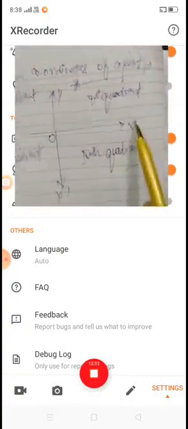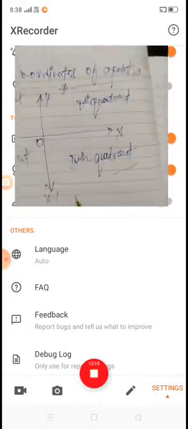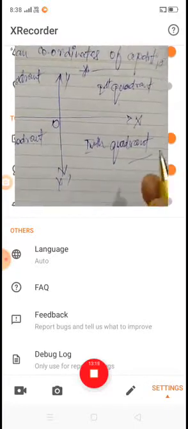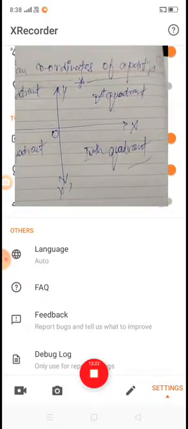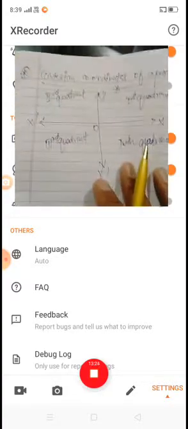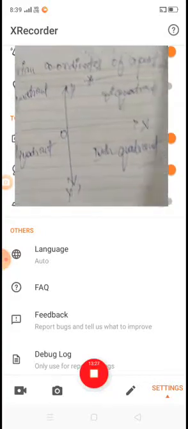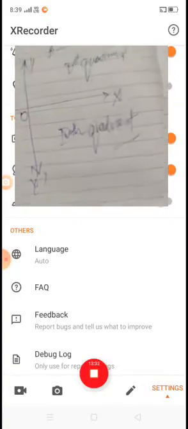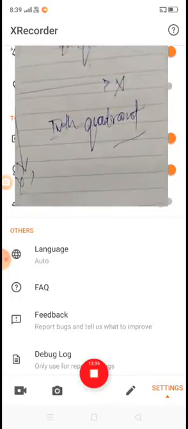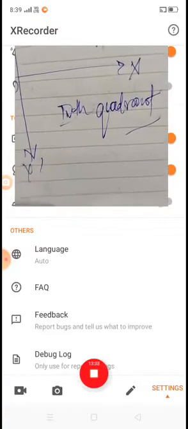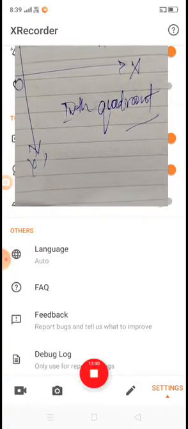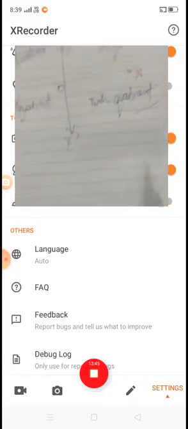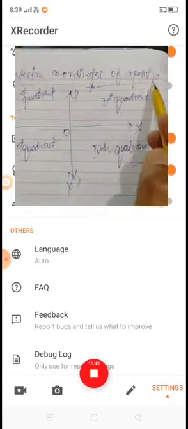Let X dash O X and Y dash O Y be coordinate axes, and let P be any point in the plane of the paper. First we discuss coordinates of a point.